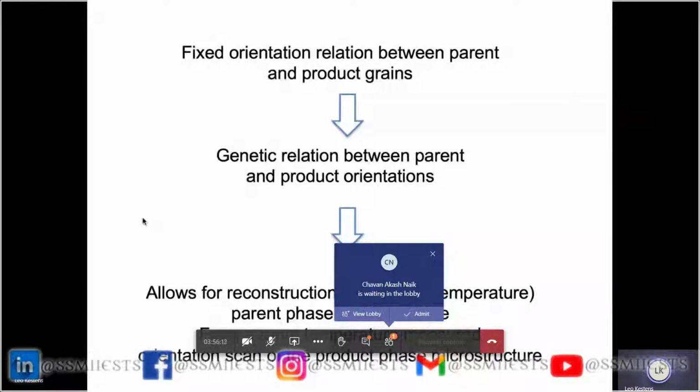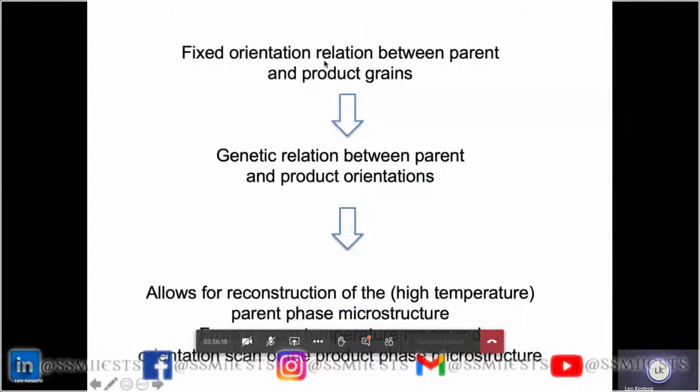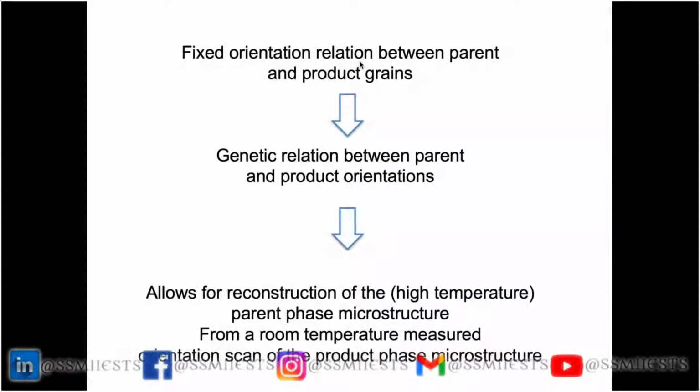Another interesting aspect of looking at a transformation texture is that, as I've said already, there is a fixed orientation relation between parent and product orientations. Actually, this is the equivalent in crystallographic terms of a kind of genetic relation between parents and children.